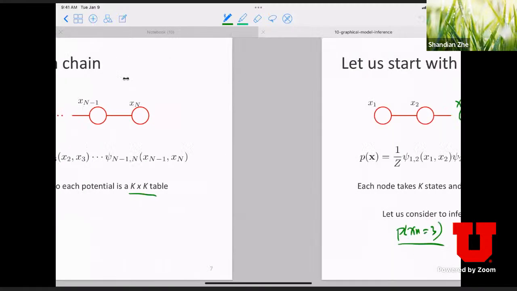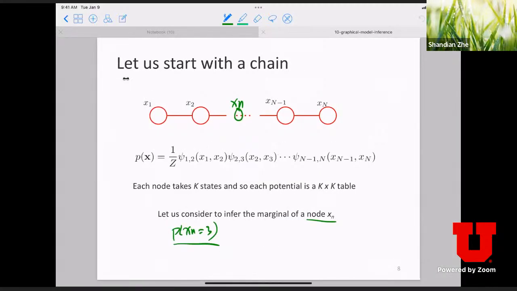Suppose we're given a particular node x_n, which is in general in the middle. If we want to compute or infer the marginal probability that x_n takes some particular value, say 3, let's see how we can do this marginalization and what the cost of the naive computation is, as we explained at the end of the last lecture.